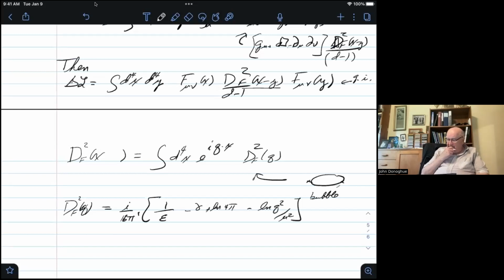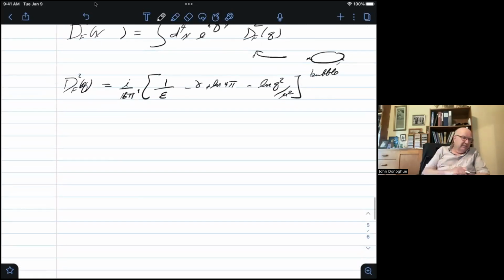This is the massless case. I've done this for the massless case, and you get a log q squared. And so this tells me that the Feynman propagator squared of x minus y is the Fourier transform of this 1 over epsilon, log q squared.